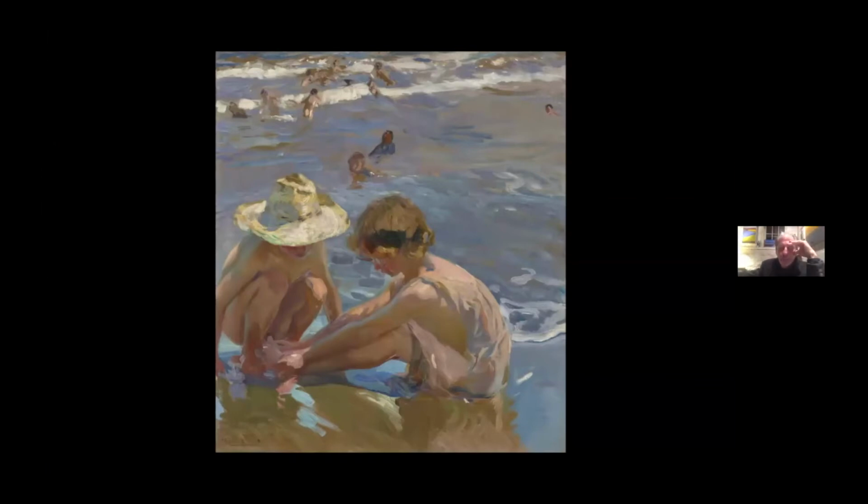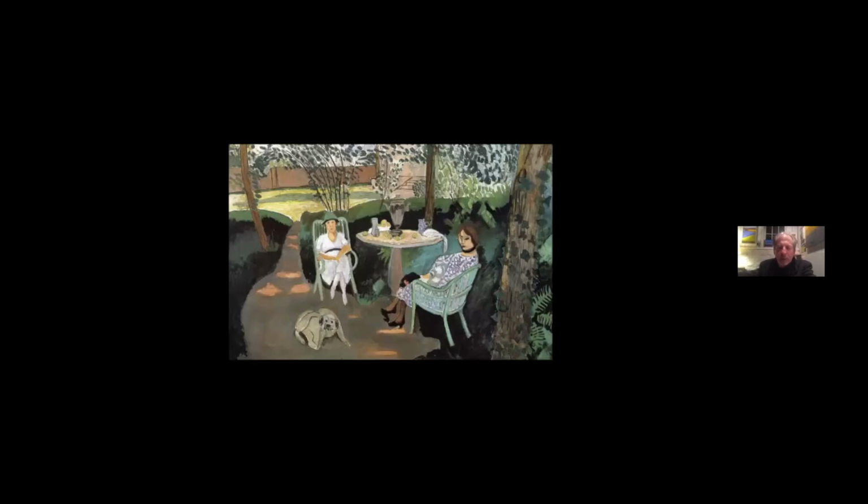I just put it in here because Sorolla was another one of the same group, like Sargent and Whistler and Manet. And he has very, very deft use of sunlight and water. And look them up. I couldn't find my book of Sorolla's, so this was the best I could find, but great painter.